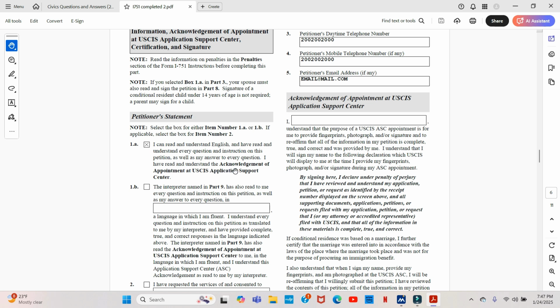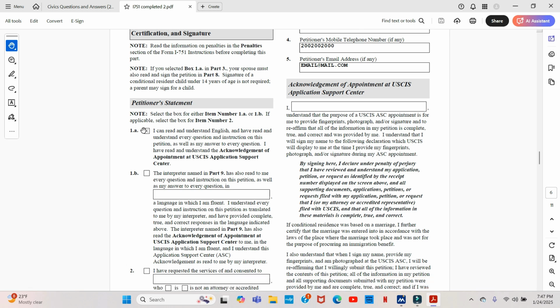I have read and understand the acknowledgement of appointment at USCIS Application Support Center. If you, the applicant, have completed the form on your own without the assistance of an interpreter, then you would select 1A.